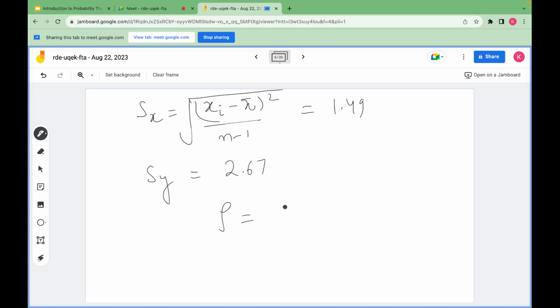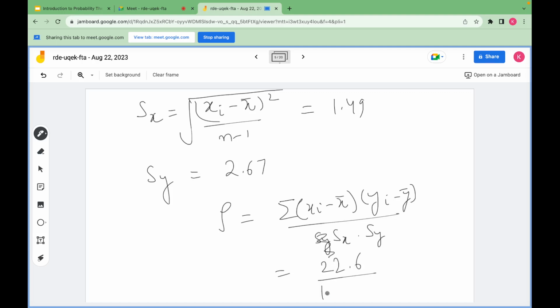Now the correlation coefficient is the summation of xi minus x bar into yi minus y bar, divided by Sx into Sy. This value came out to be 22.6, divided by 1.49 into 2.67. This will come out to be around 5.69. This is the correlation coefficient for x and y.